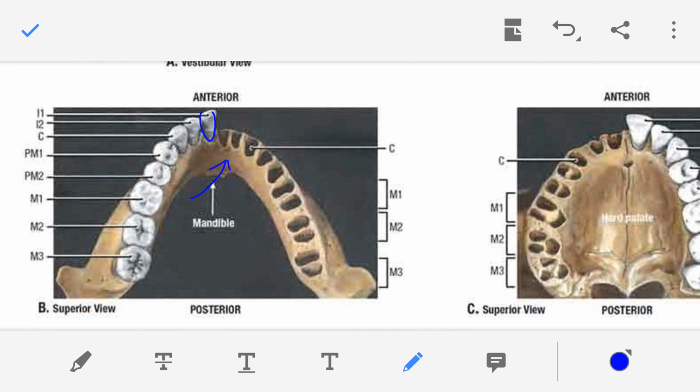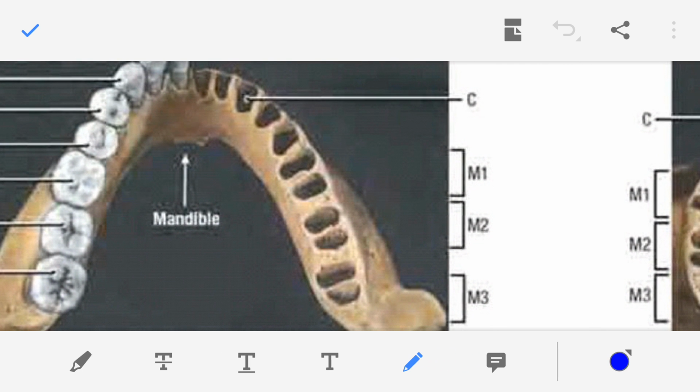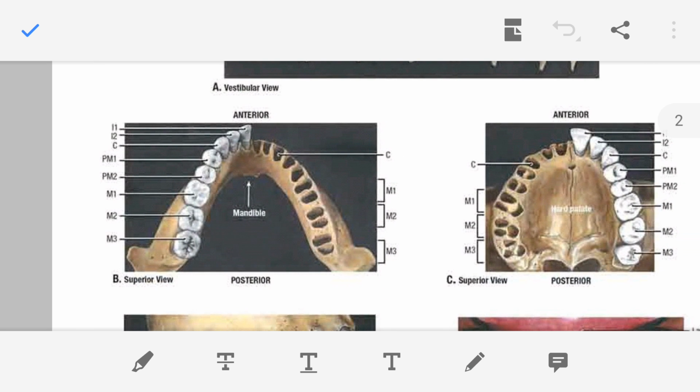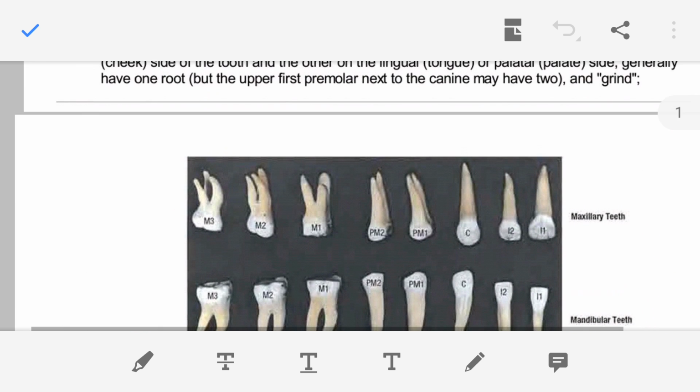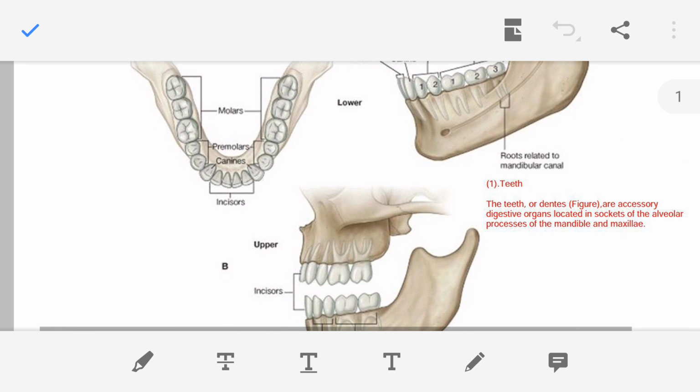Now if we remove these teeth, as you can see, the empty part is visible. These empty parts are known as the sockets. So in the sockets, the teeth are located.